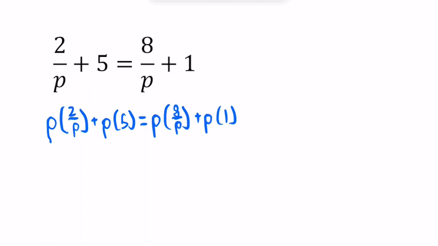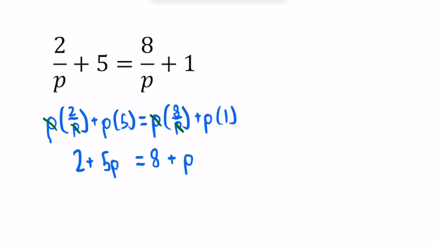On the left side, p and p cancel out, giving us 2. The next term, p times 5, is 5p. On the right side, p and p cancel out, leaving us with 8. And then p times 1 is p.